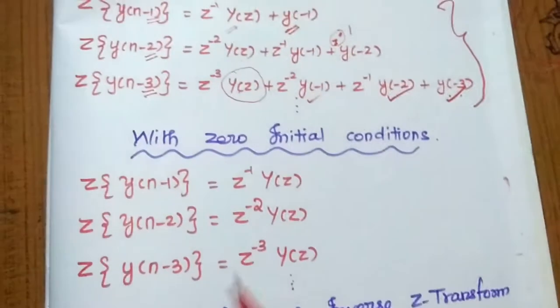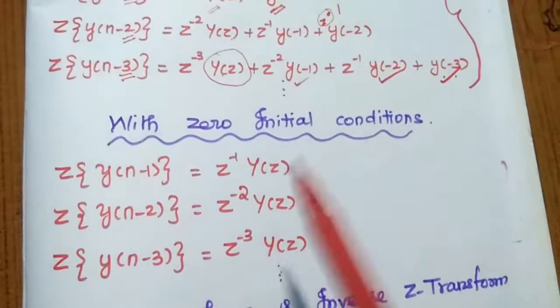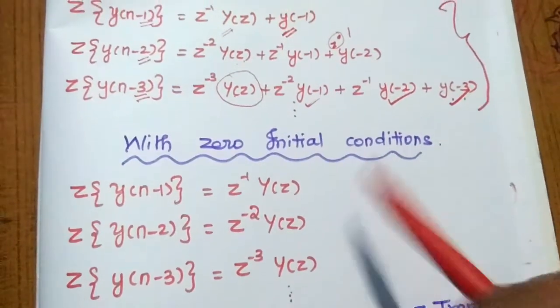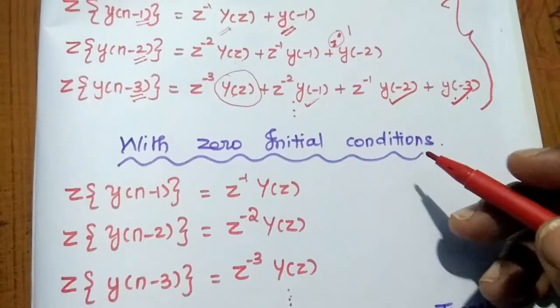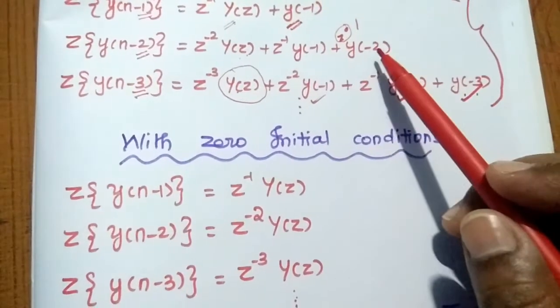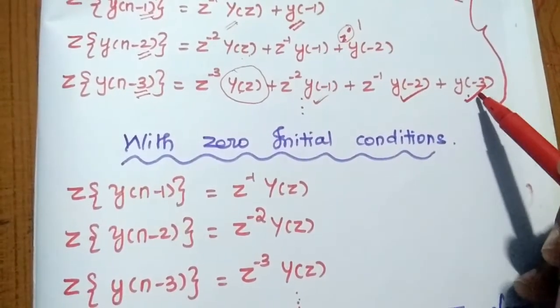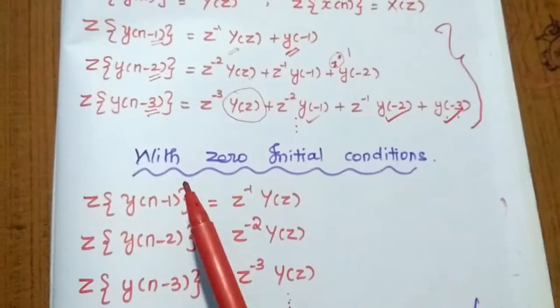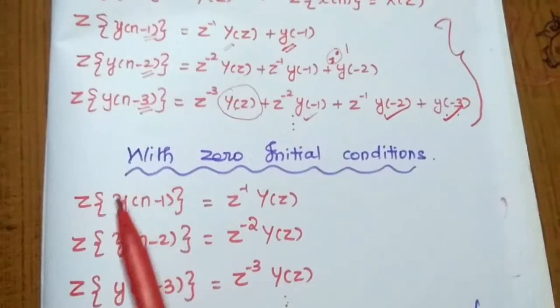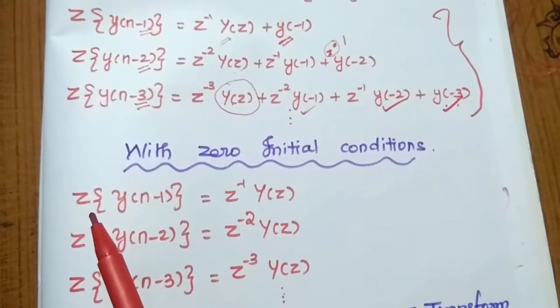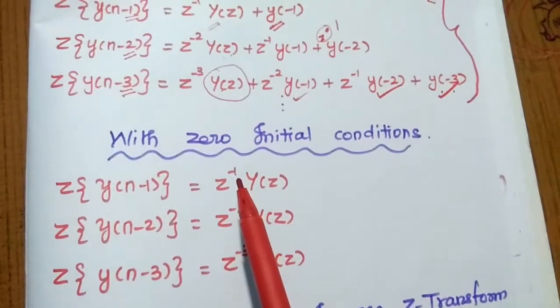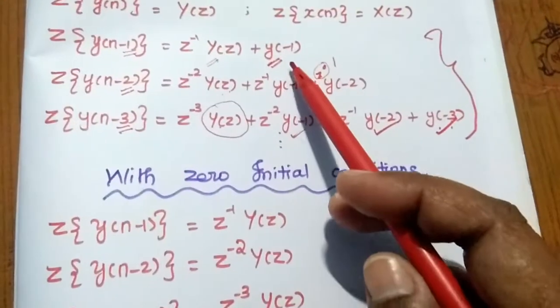There is one more formula. If there is no initial condition, that means all the initial conditions are 0, that is y of minus 1, y of minus 2, y of minus 3, all are 0. Then with this condition, we can write the same formula as Z transform of y of n minus 1 is equal to z power minus 1 Y of z, because the initial condition value becomes 0.